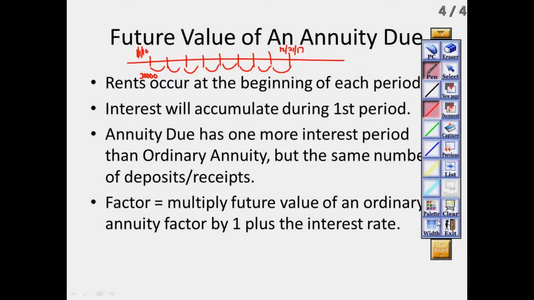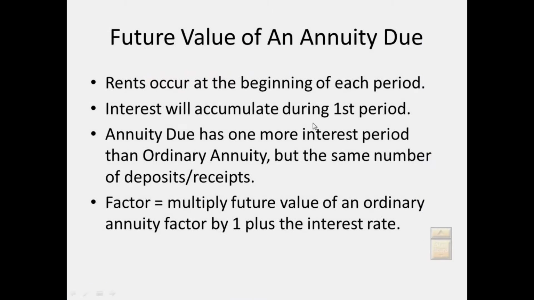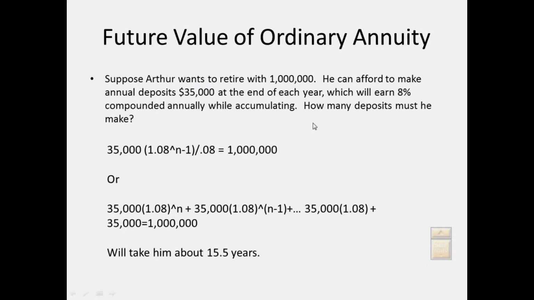These are pretty straightforward, but when would you try and do a computation like this? If you have your first job, you're thinking, how much should I stock away each year in my retirement savings so that I'll have $1 million to retire with when I'm 70 or 65 or however old?